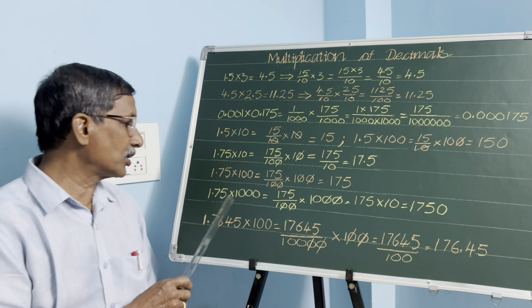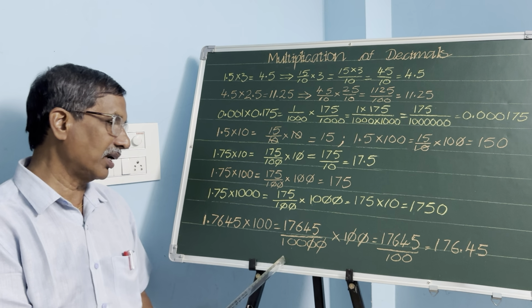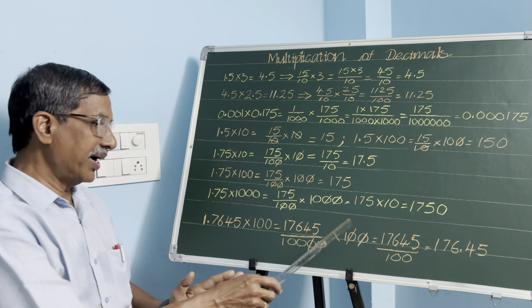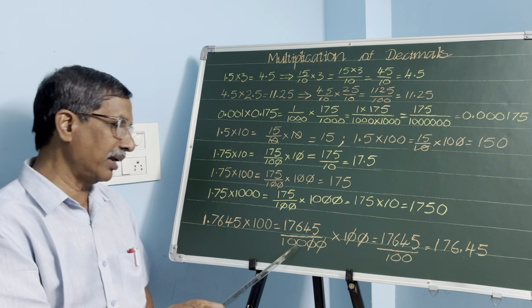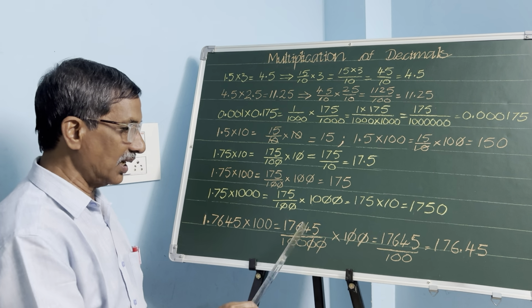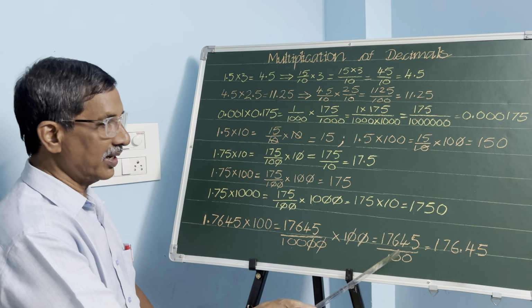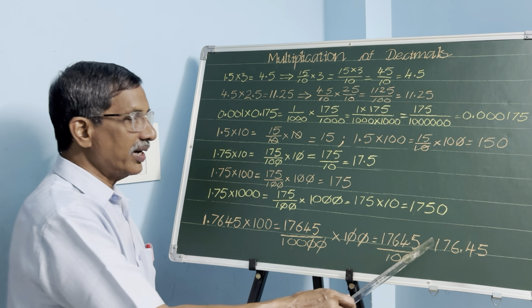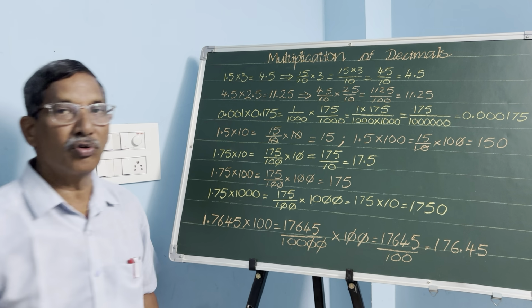So coming to the next one, 1.7645 into 100. The same way, 17,645 by 10,000. Since there are 4 decimal places, you write 4 zeros after 1 in the denominator and multiply it by 1. Hundreds cancel and 100 remains here. So 17,645 by 100 is the same as 176.45.